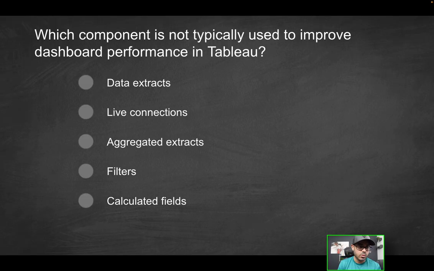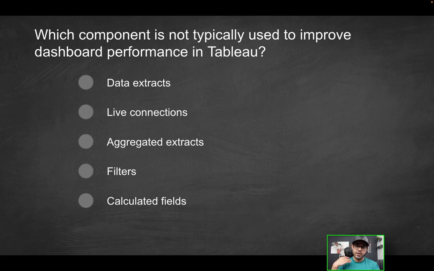Next question. Which component is not typically used to improve dashboard performance in Tableau? Is it going to be data extracts, live connections, aggregated extracts, filters, or calculated fields? First and foremost, do data extracts help improve performance?